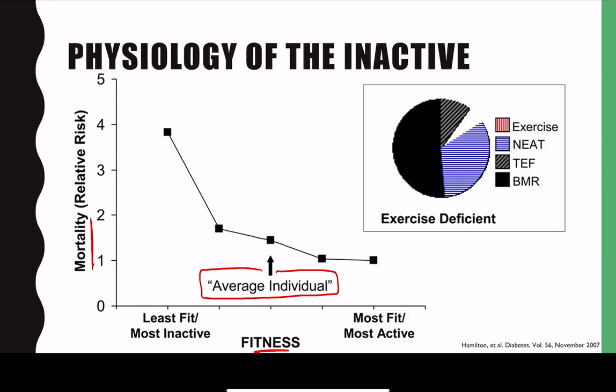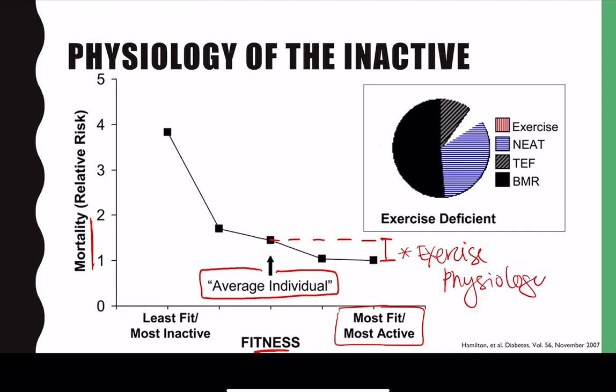So if you take this data point and compare it to those who are the most fit and the most active, this is exercise physiology. This is what exercise gives us, because the average individual isn't currently exercising. And if you add in exercise, you can lower mortality.